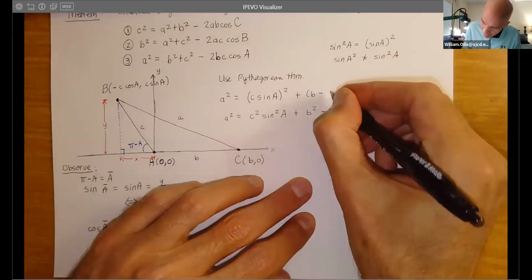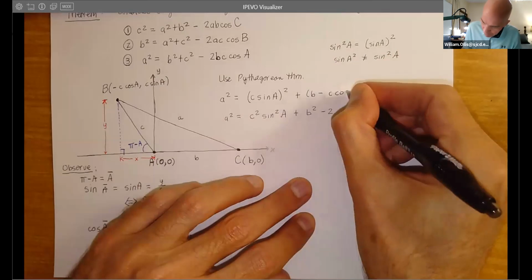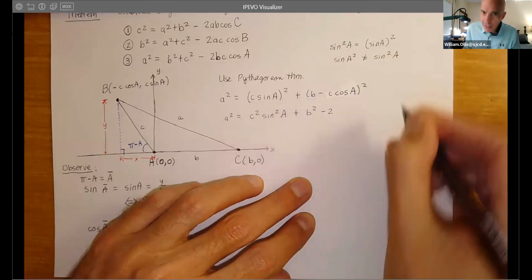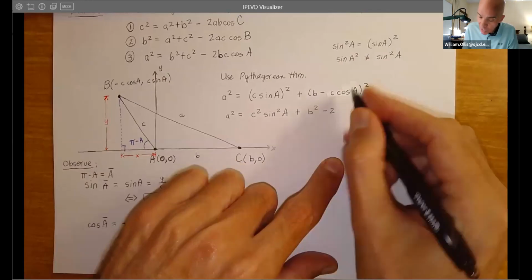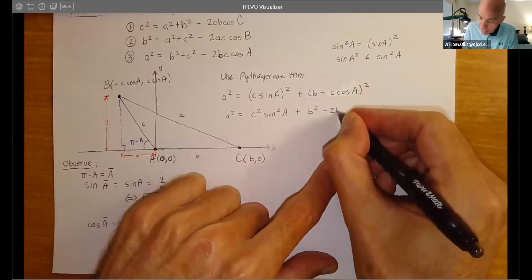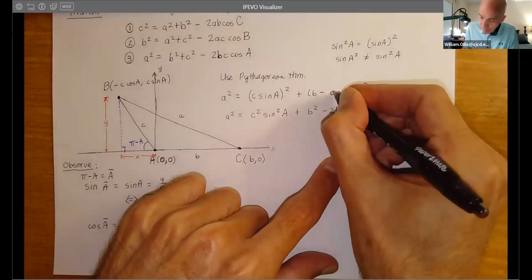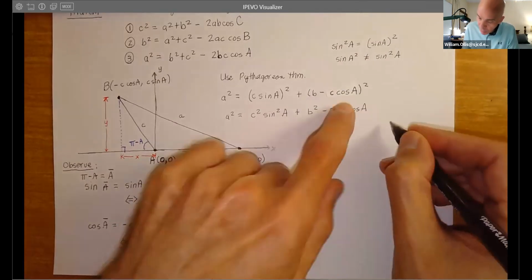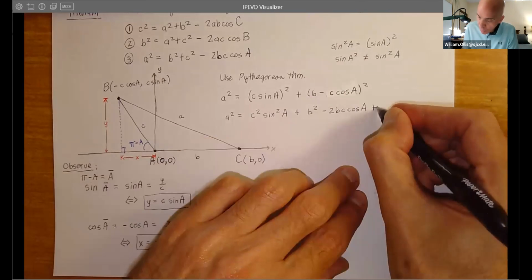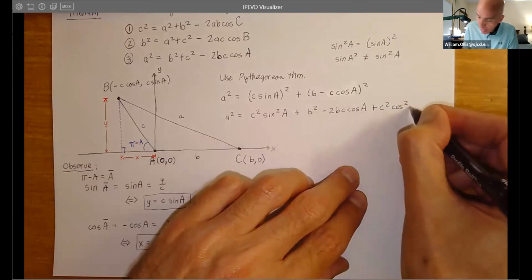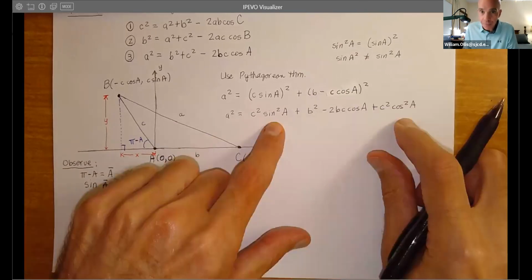Need the c, then the cosine. The math always tells you if you've got a typo. So now we get the minus 2bc cosine A. So I need that c there. And then square the last term, plus c squared cosine squared A, just like we have here.